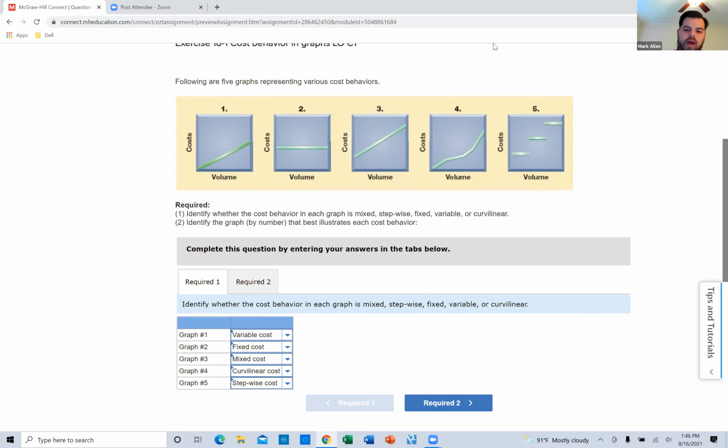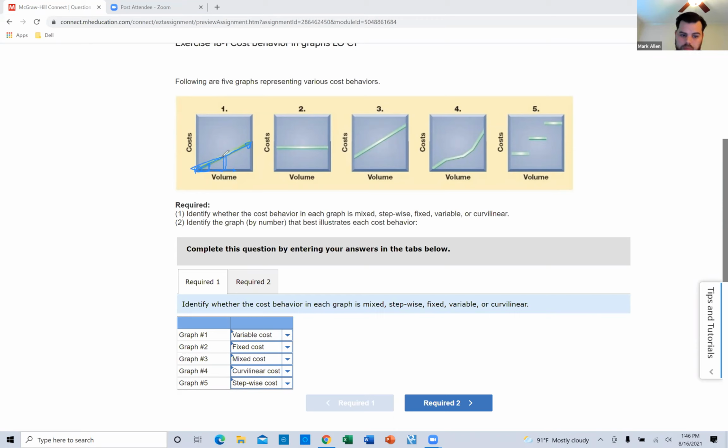And the reason that I know that is that whenever we have no volume, we incur no cost. And then as we ramp up the volume, our cost increases in direct proportion to the increase in volume. So for example, if I were to look at this triangle right here, right, this area, and then I looked at this triangle, and I looked at this area, those ratios would be the same.